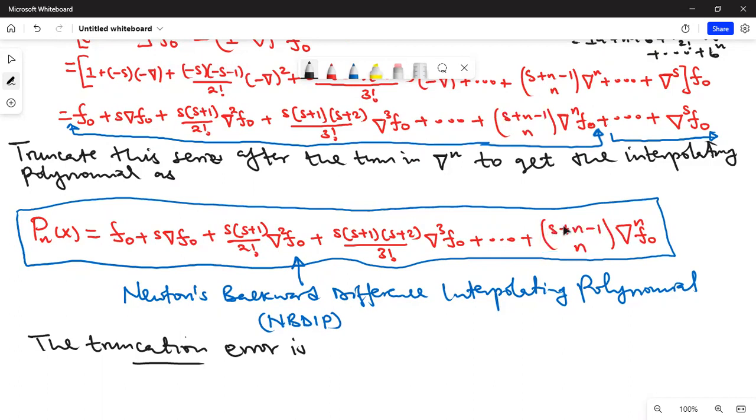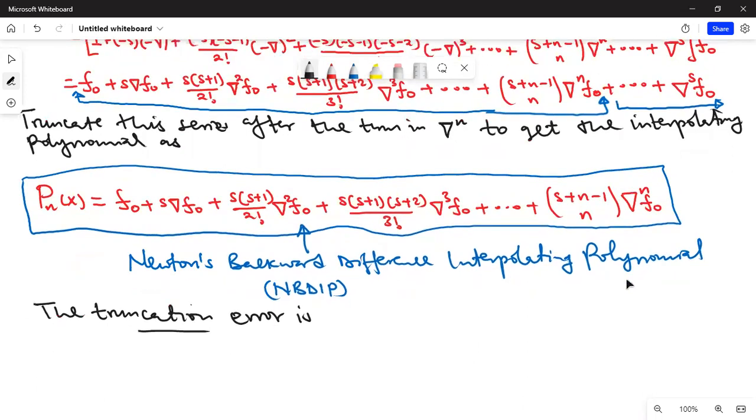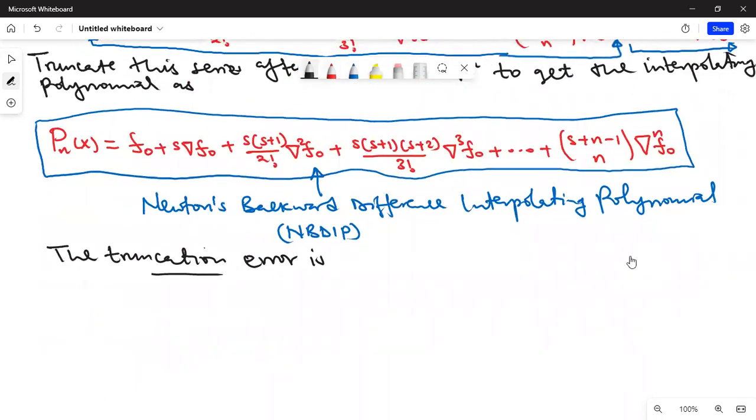So we'll have s plus n, combination n plus 1, delta raised to n plus 1 operating on f naught. That will be our error. So the error E, the truncation error, is approximately equal to s plus n combination n plus 1, the backward difference raised to n plus 1, of course the n plus 1th order backward difference of f naught.